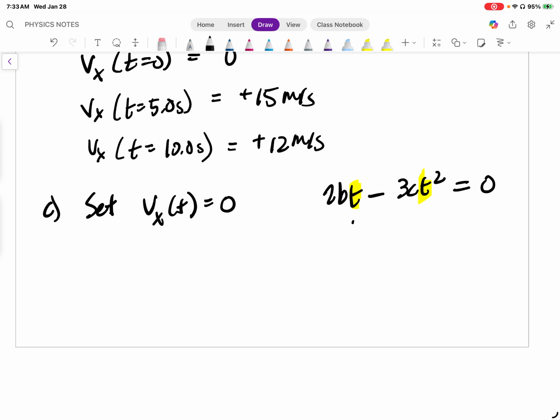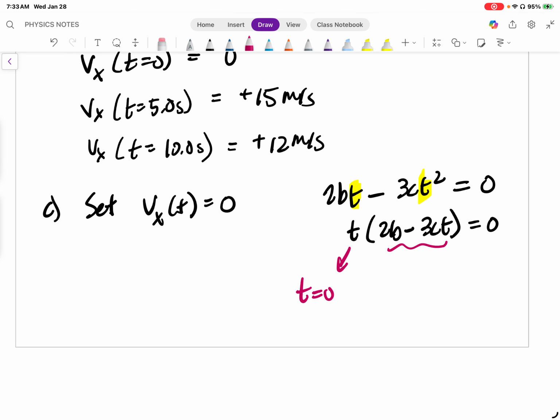So I'm going to factor out a t. So this is 2b minus 3ct, not squared. So I factored out my t. So t times (2b minus 3ct) equals 0. So I have two solutions for t that are valid here. So this one, t equals 0, gives me v equals 0.